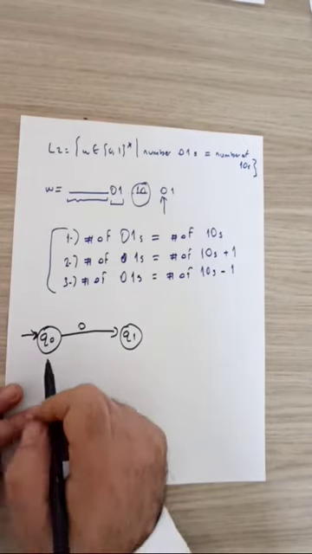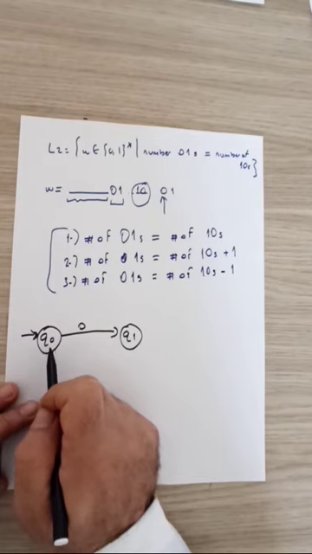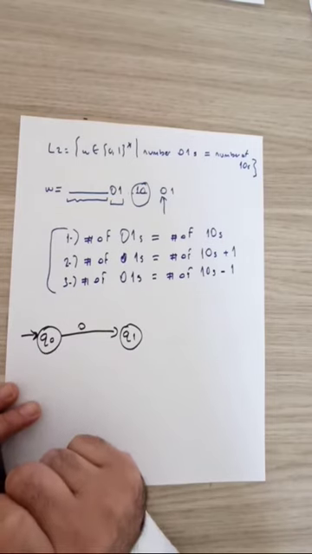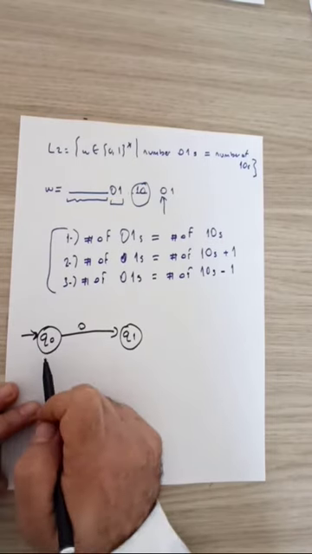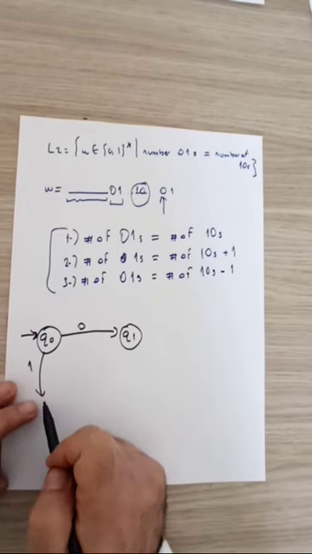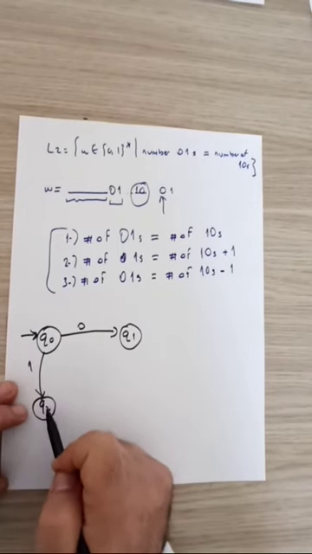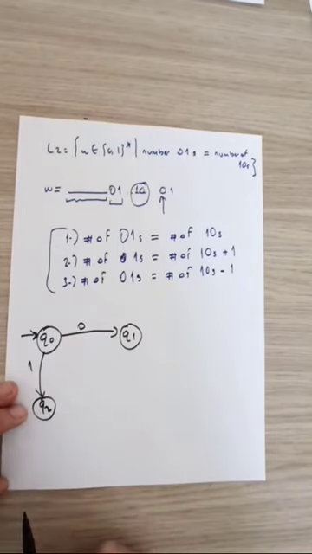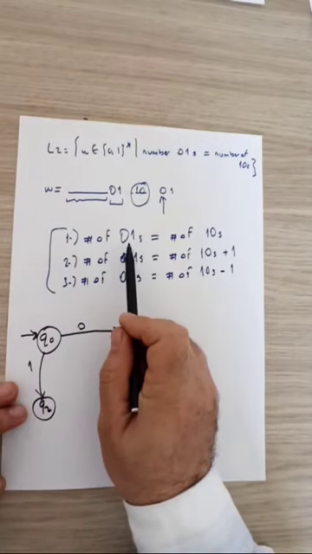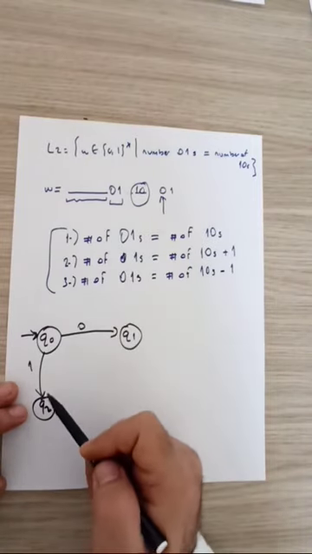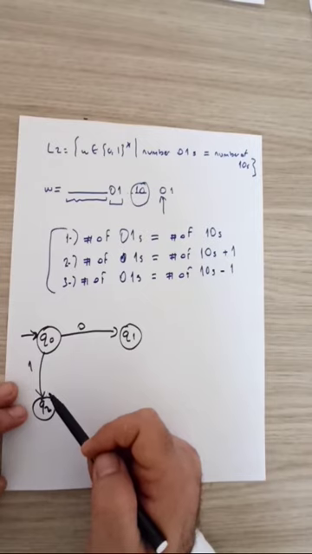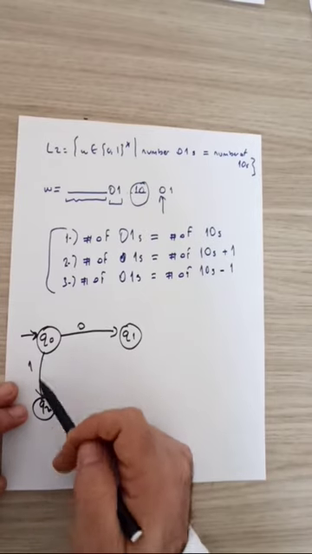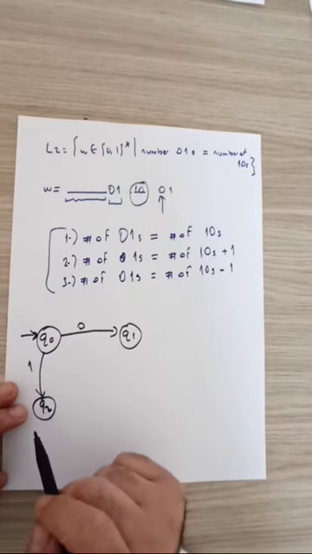Now, if we encounter a 1 at this state, we should create yet another state to record this fact as well. The meaning of Q2 will be that, again, the number of 0 1s and 1 0s we have seen so far are equal, and the string currently ends with a 1.